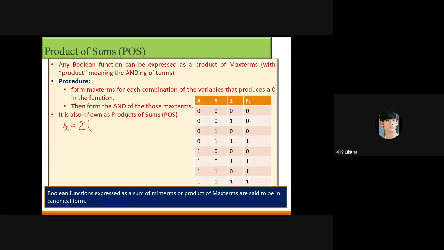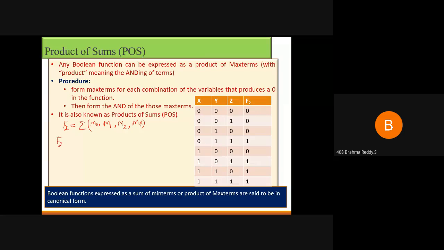M0, M1, M2, M4. So this expression is correct. Whatever I am writing is correct.